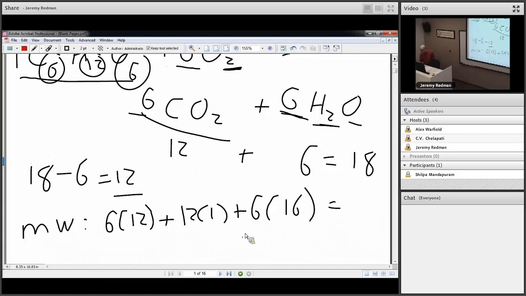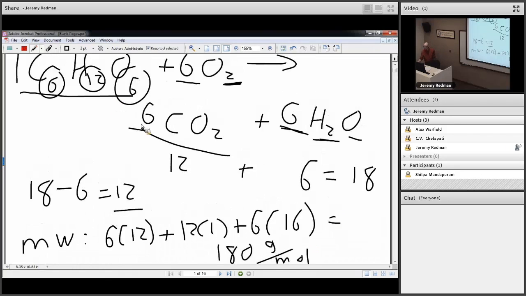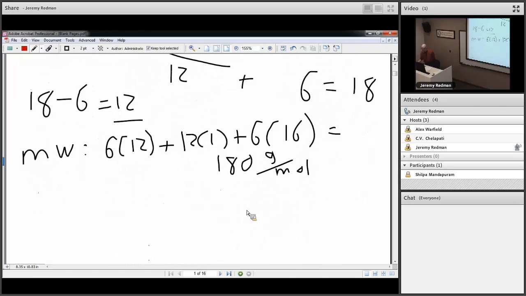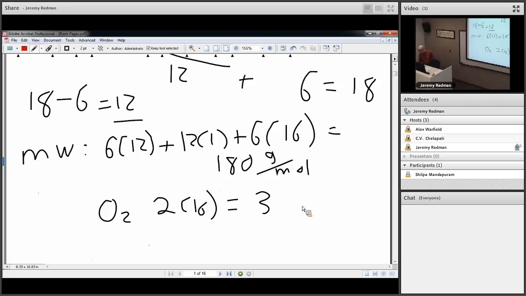We get 180 grams per mole. So 1 mole of glucose is going to weigh 180 grams. Likewise, we do oxygen. Oxygen is easy, O2. That's going to be 2 times 16, 32 grams per mole.